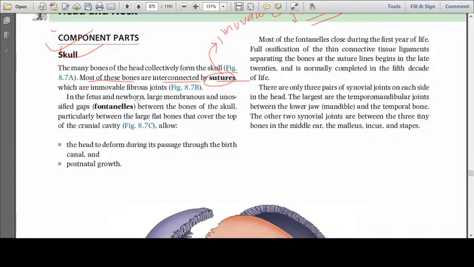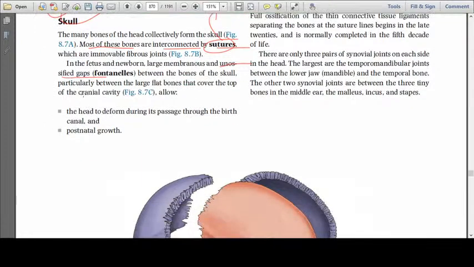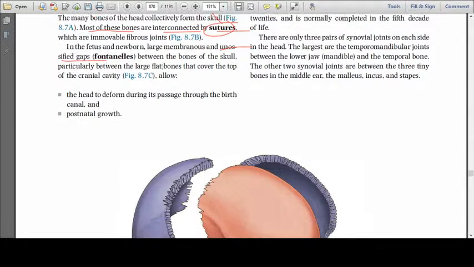In the fetus and newborn, there are large membranous, unossified gaps called fontanelles within the bones of the skull, particularly between the large flat bones that cover the top of the cranial cavity. In a newborn, there is no bone there, but it is called a fontanelle, and it is not that hard. It is movable, I guess.